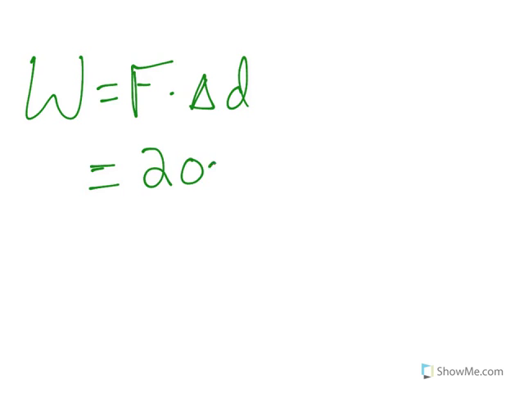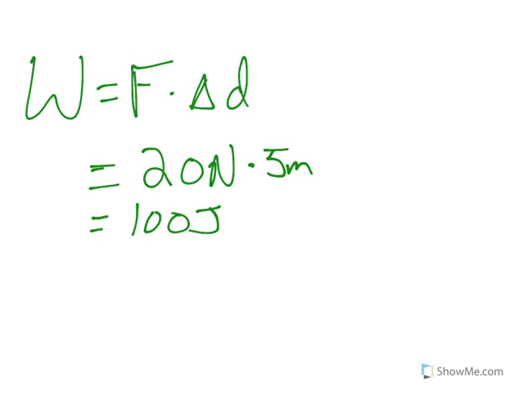So you might end up with something like 20 newtons times 5 meters, which is 100, and the unit is joules, because work is a form of changing energy, and so therefore it's got the same unit as energy, which is a joule.